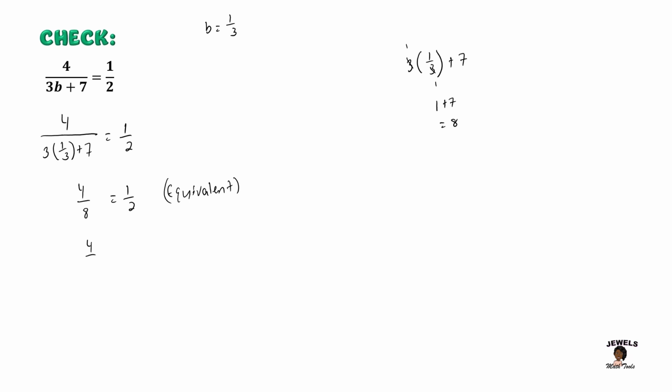I'm going to start with our multiplication first. In using the multiplication, I will be multiplying my 1/2 to get my denominators the same. So 1/2 will be multiplied by 4 because 4 times 2 is 8 and 1 times 4 is 4. So this is the multiplication approach that you can take.